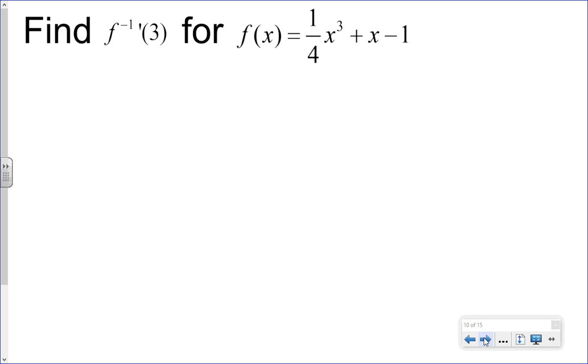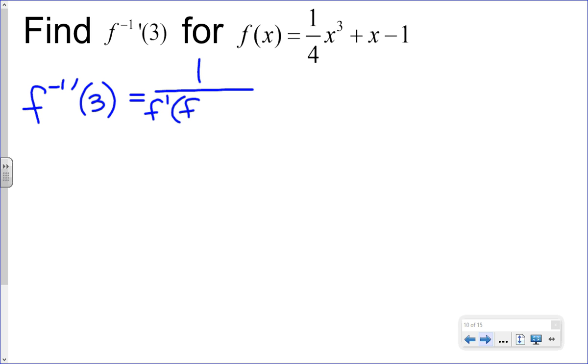Okay, so let's talk about what we need to do. In order to find f inverse derivative of 3, we need to follow our rule, which is 1 over f prime of f inverse of 3. There are a couple things we need to find. We need to find the derivative of f.